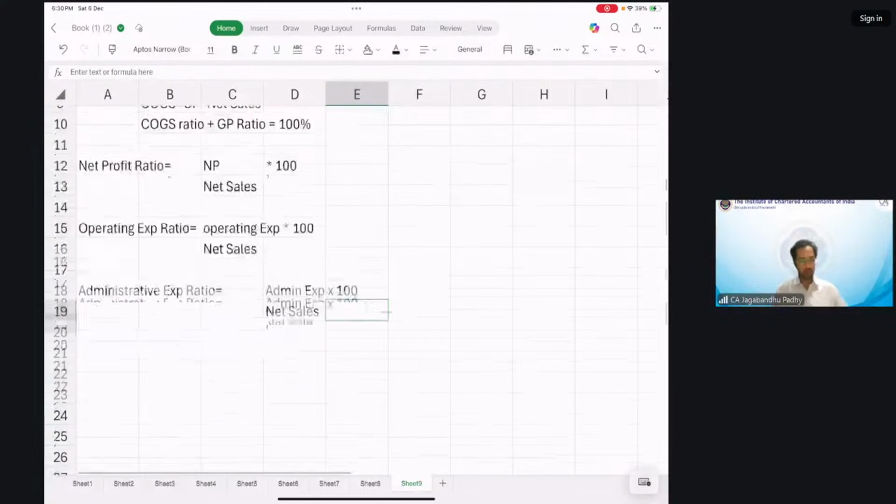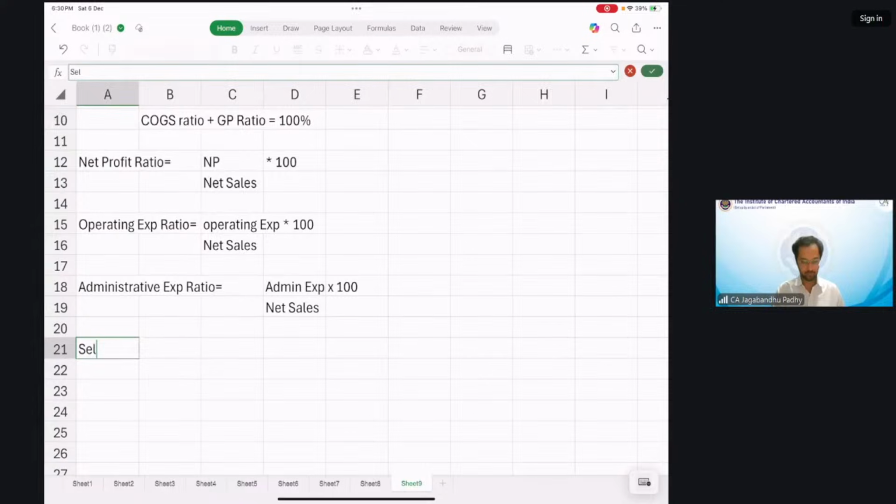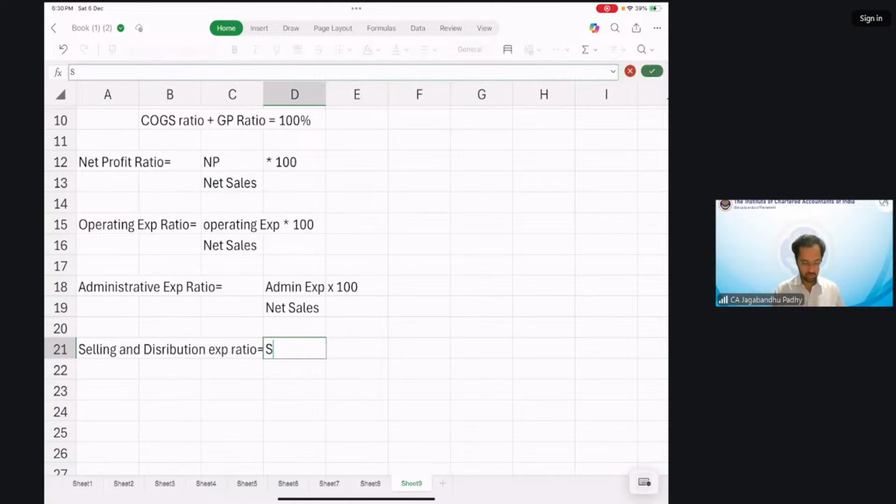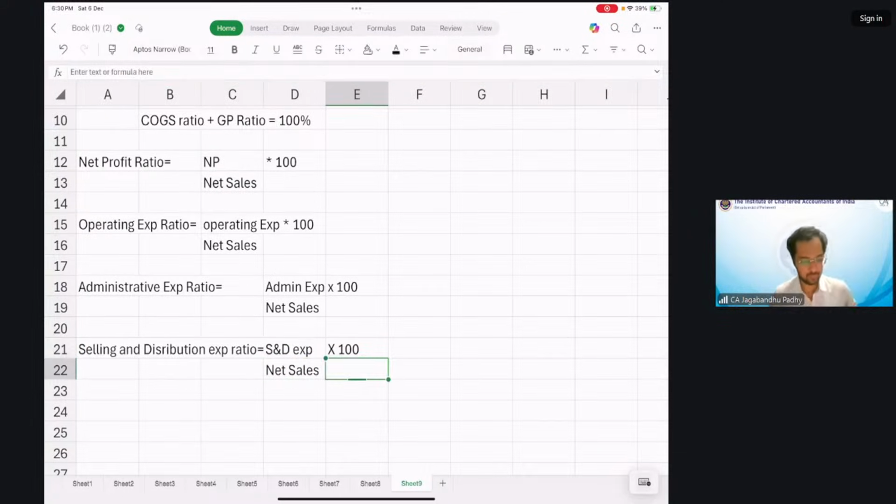Then if you have the selling and distribution expense ratio, that will be, of course, selling and distribution expense upon net sales into 100.